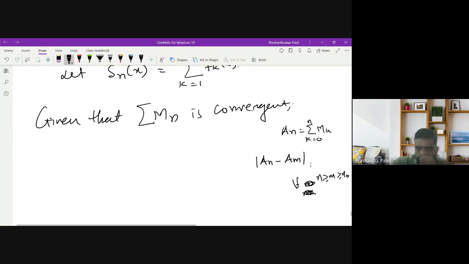But what is this A_n minus A_m if n and m are greater than or equal to n0?